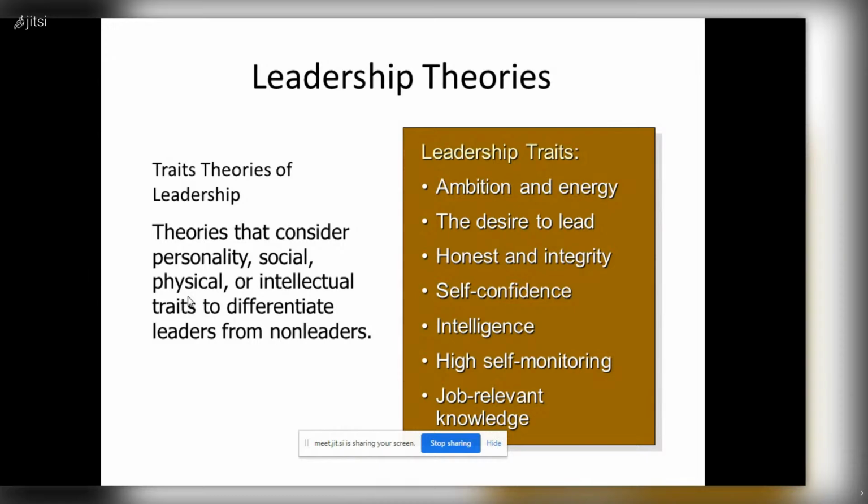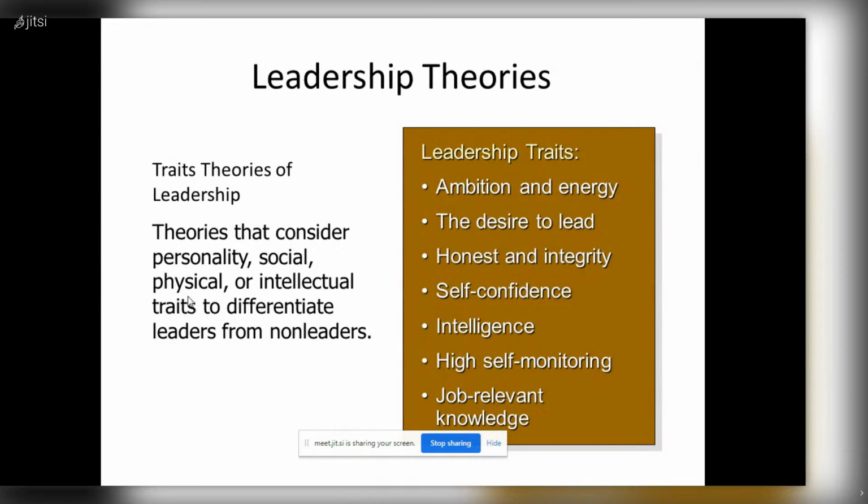Researchers recognized that traits alone were not sufficient for identifying effective leaders. Possessing the appropriate traits only made it more likely that an individual would be an effective leader.